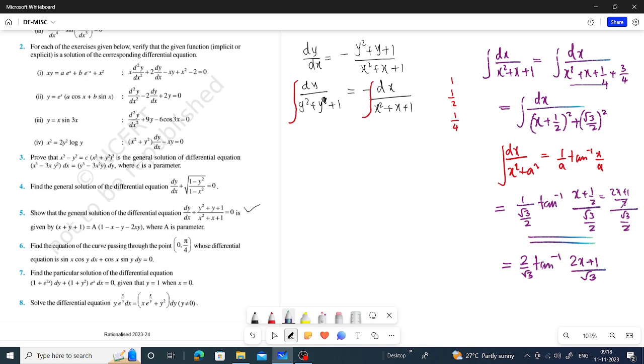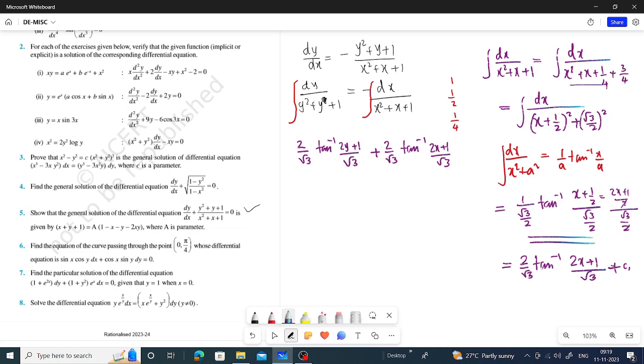Now we have a constant also. Let us take it as C1. So here the formula will be of the same form: 2 by root 3 tan inverse of 2y plus 1 by root 3 equal to, and this is minus, and minus let us bring here, plus 2 by root 3 tan inverse, instead of y we have x here, 2x plus 1 by root 3.